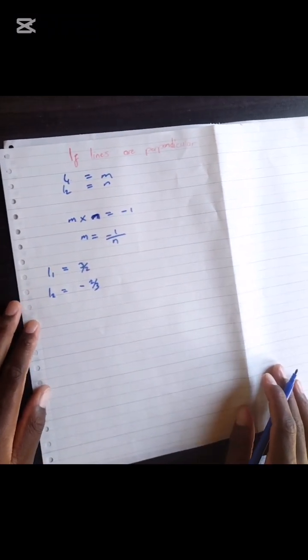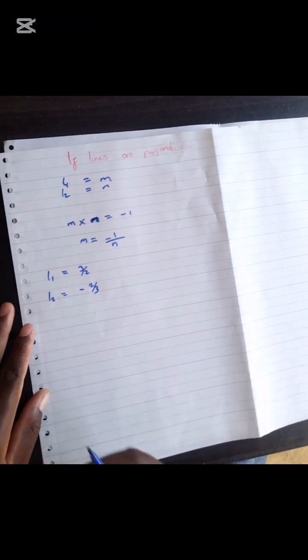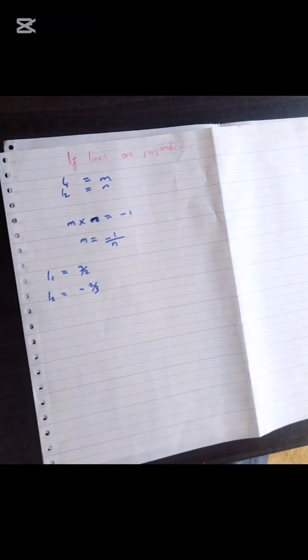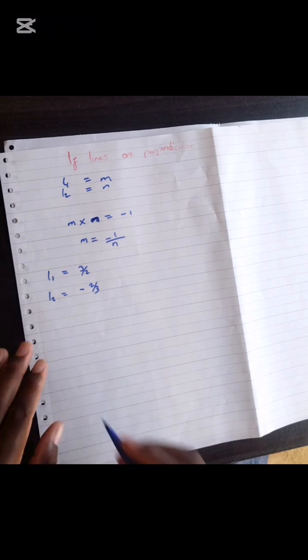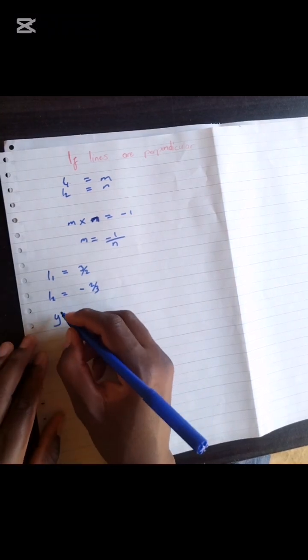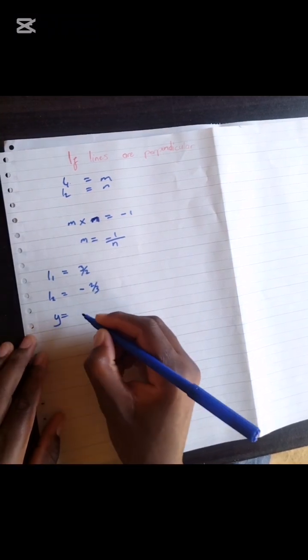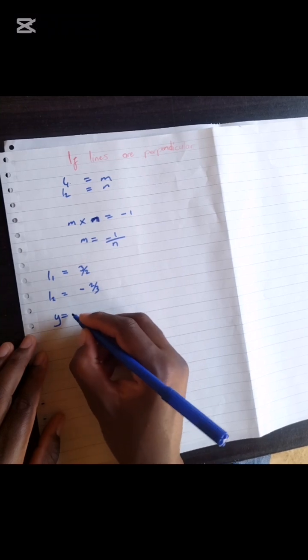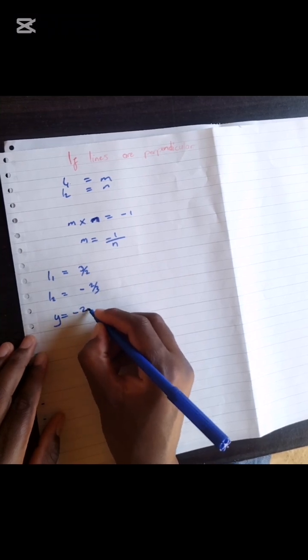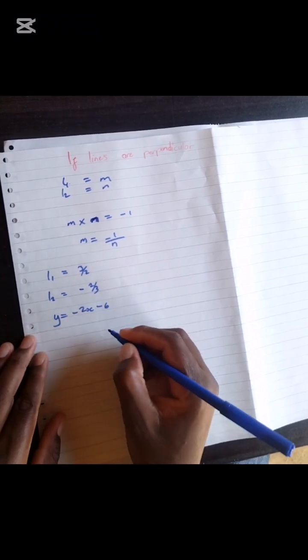So here's an example. It says the line y is equal to -2x minus 6 is normal to line P, passing through the coordinates (0, -2), and we're asked to find the equation of line P. So the line which is normal or perpendicular to line P is y is equal to -2x minus 6.